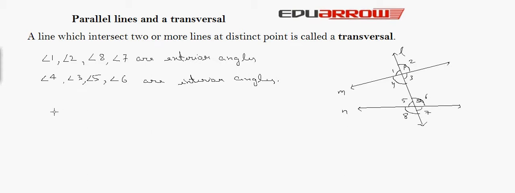Some pairs of angles are formed when a transversal intersects the lines at distinct points. They are corresponding angles.